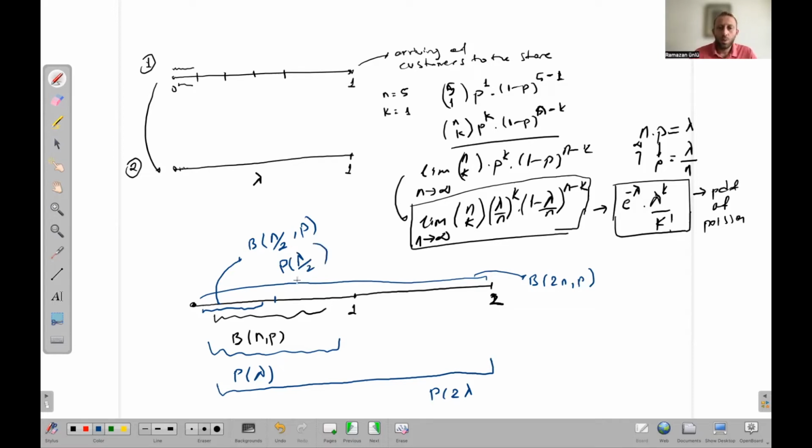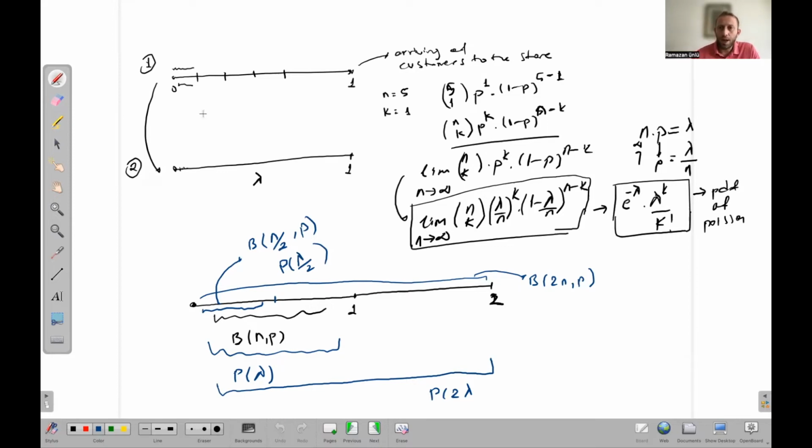So for the conclusion, I can approximate the binomial distribution to the Poisson distribution based on the time interval. In both cases, the p will not change, it will be constant, and the lambda will be constant. Don't forget that one.